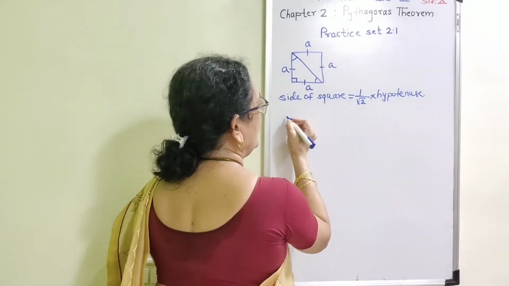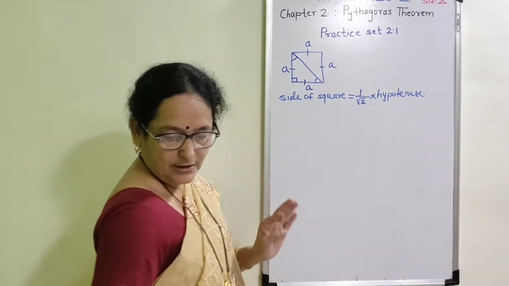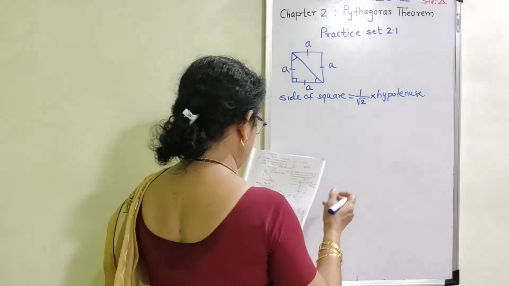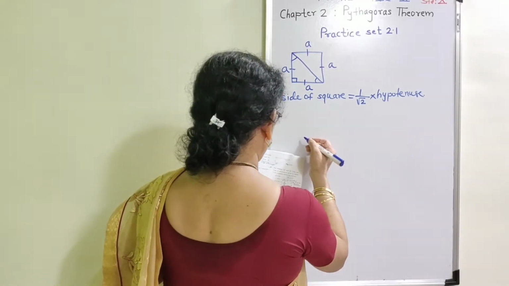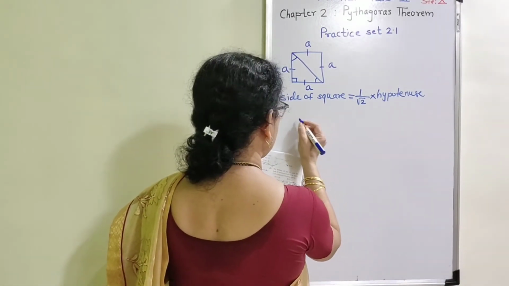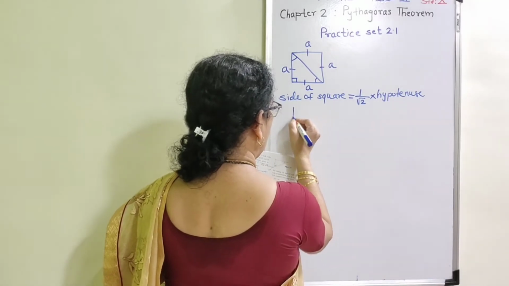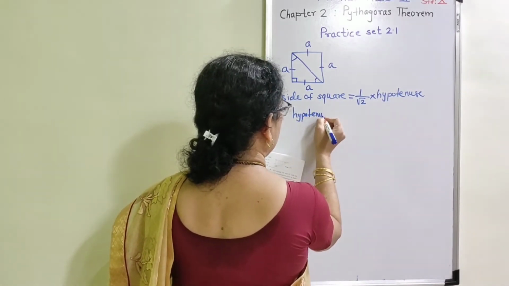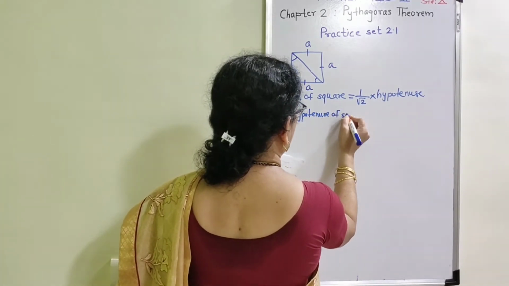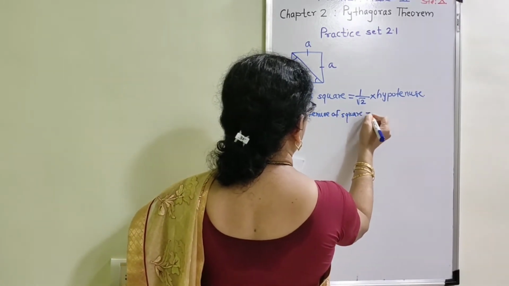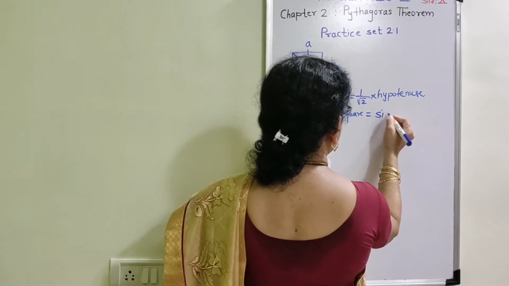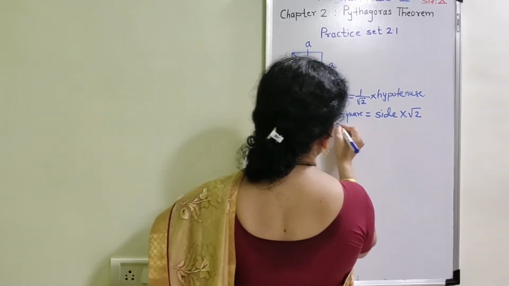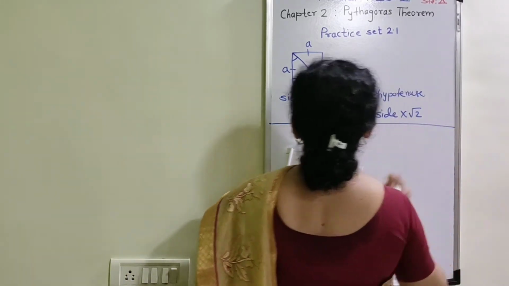Now here, when I am going to find out the length of the hypotenuse, I can easily write it as hypotenuse of square is equal to side into root 2. Please write down these two formulae.